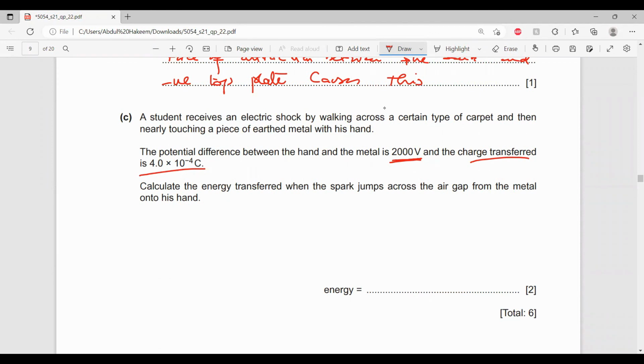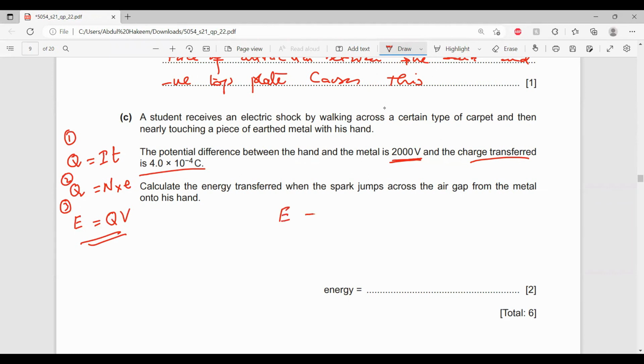So look, do remember Q is equal to IT. This is the first formula. Q is equal to the number of electrons multiplied by the charge of an electron. And next, energy is equal to charge multiplied by voltage. So these are very, very important formulas. So we will write this one.